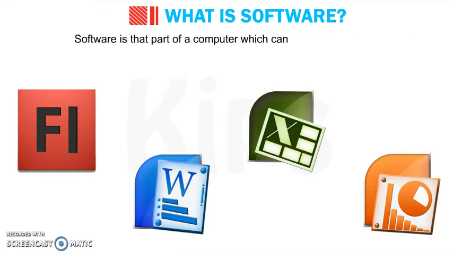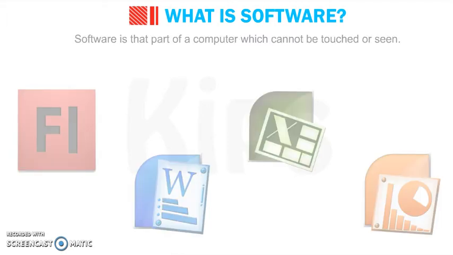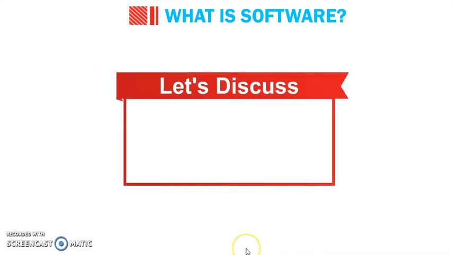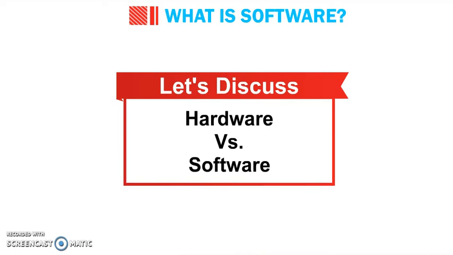Software is a part of a computer which cannot be touched or seen. We can do work in these softwares, but we cannot touch them like hardware parts. Let us discuss hardware versus software.